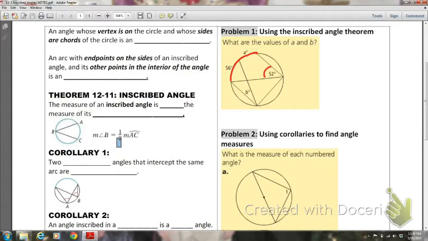So this 52-degree angle is half of the arc, which is A plus 56. Multiply both sides by 2 to get rid of the fraction, and you get 104 equals A plus 56. Subtract 56 from both sides, and A is equal to 48.